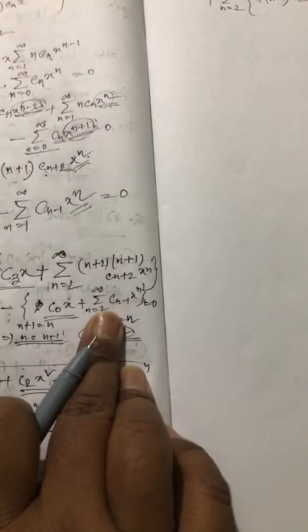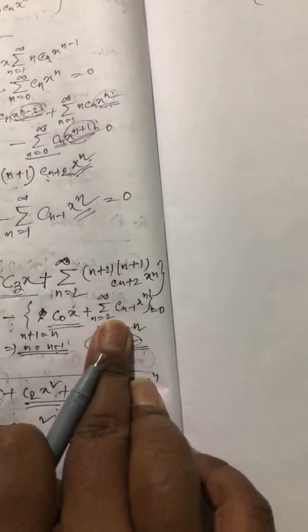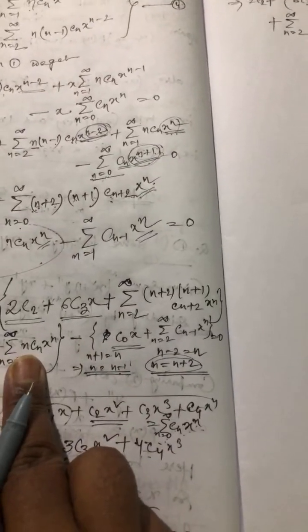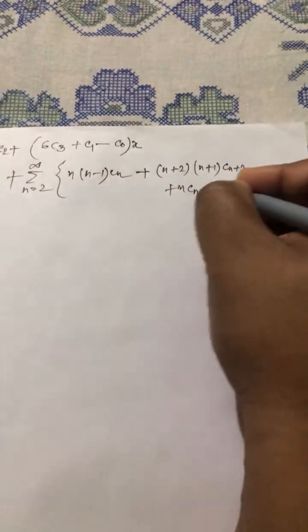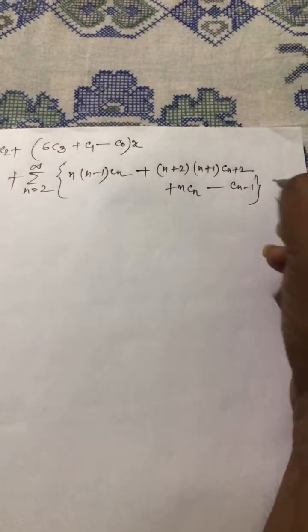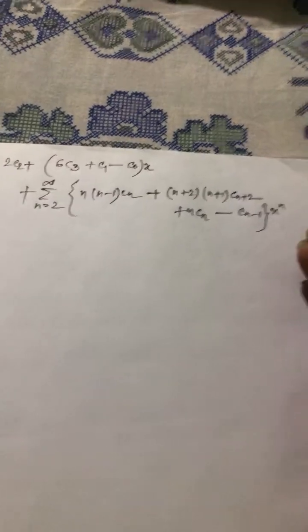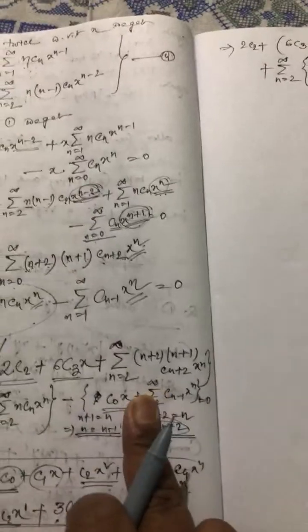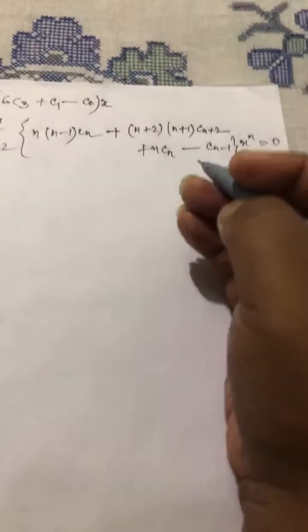After that we have cn minus 1, and then here also we have another term ncn. So you can write this one as ncn minus cn minus 1, x to the power n. So this is the final structure. X to the power n is present for each of these terms. That's why we can write it so. Thus we have obtained a certain expression.